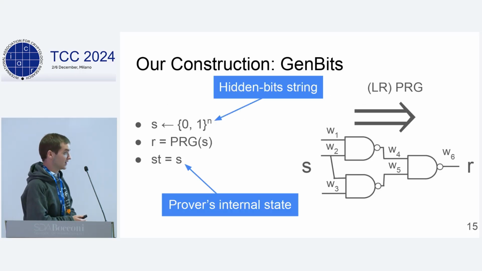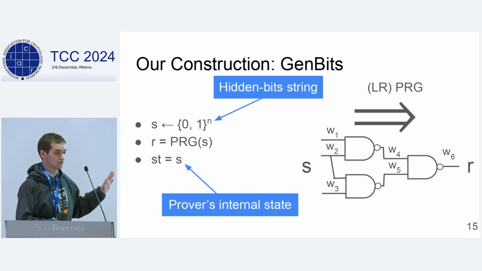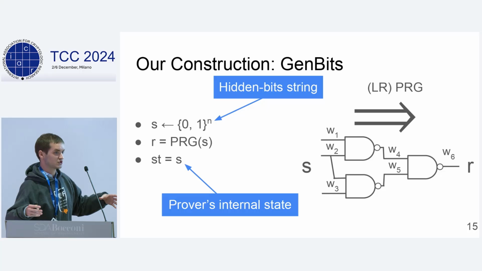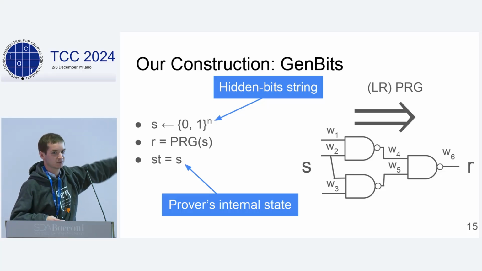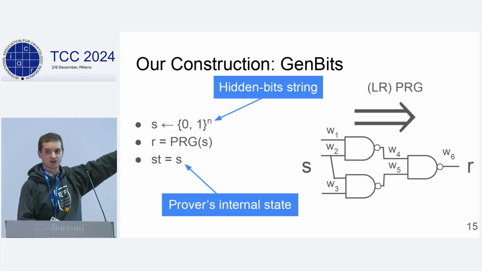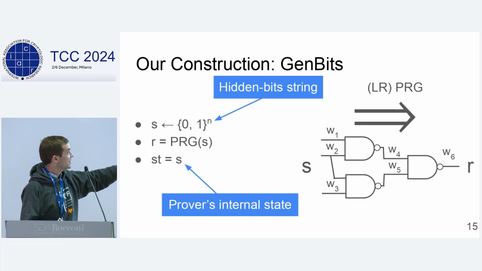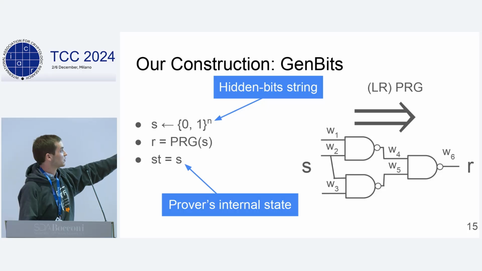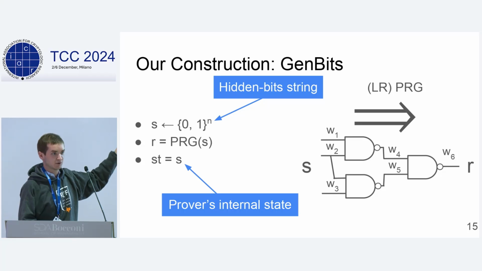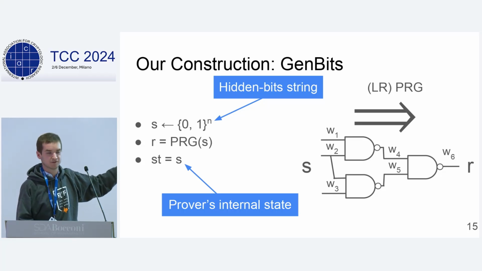So, in a little bit more detail, with this high-level overview in mind, the prover is going to sample a PRG seed S. It's going to expand it to a hidden bit string R. Sorry, imagine that top arrow is pointing to the second bullet. And then it's going to take all of these internal wire values from the evaluation of this PRG and commit to those wire values, and then it's going to offer a batch argument proof that every gate is evaluated correctly with respect to these commitments to the internal wire values.